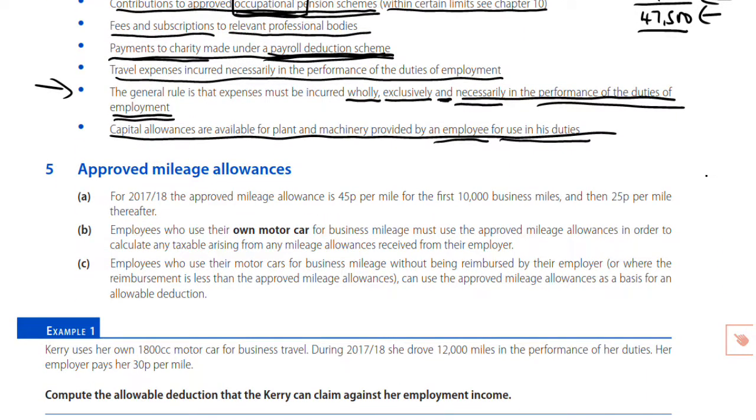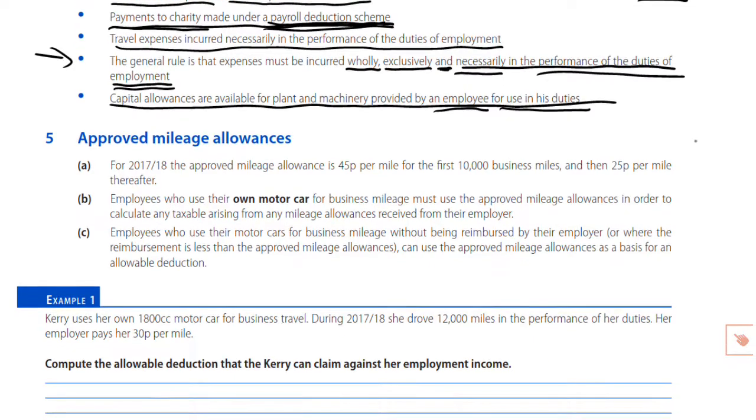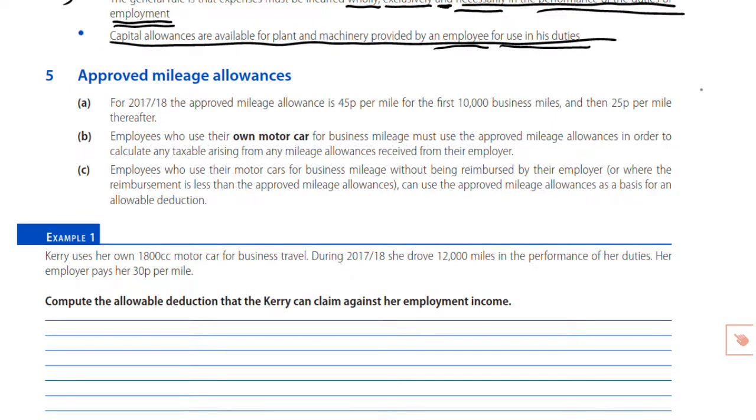We mentioned when we first discussed emoluments how benefits would play a large part in this particular chapter, and probably the most tested benefit of all, car benefit, and potentially as well as the car benefit, a fuel benefit. But of course, it is not all employees that are provided with the luxury of a company car.